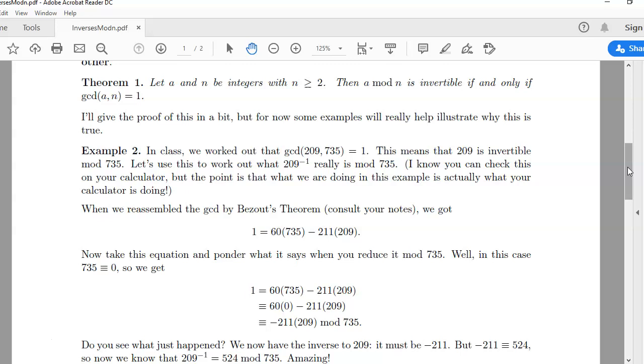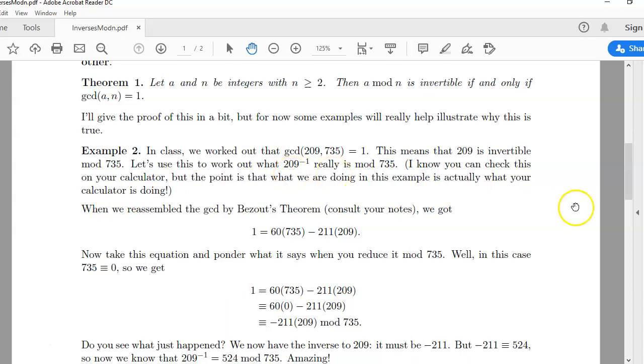In class, right before we left, we worked out that the GCD of 209 and 735 is 1. And if you believe my theorem, this means that 209 is now known to be invertible when you work mod 735. So what we're going to do is use what we know about Bezout's theorem and actually work out what the inverse of 209 is.